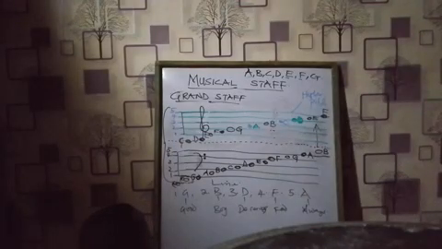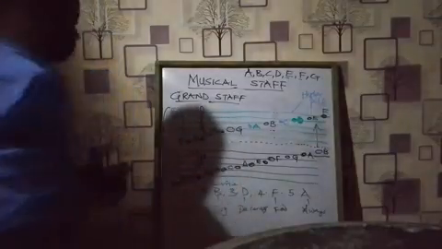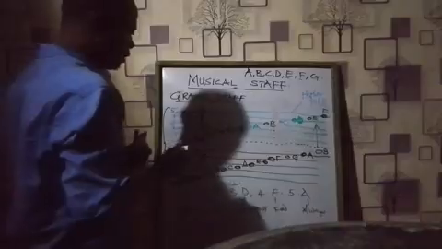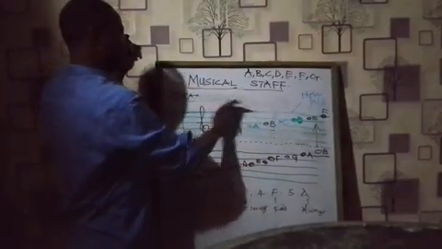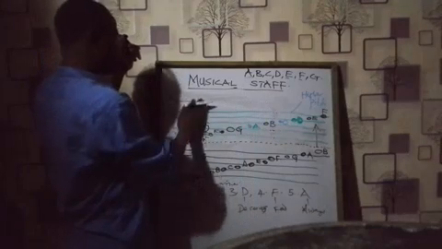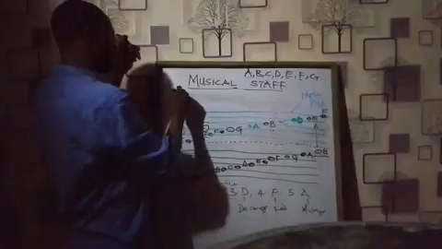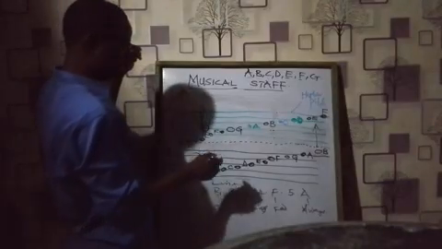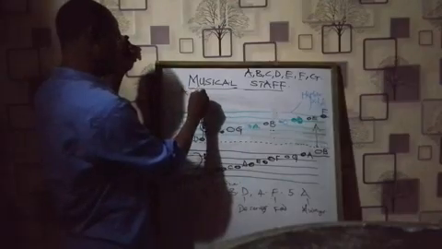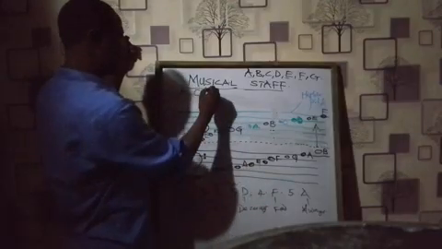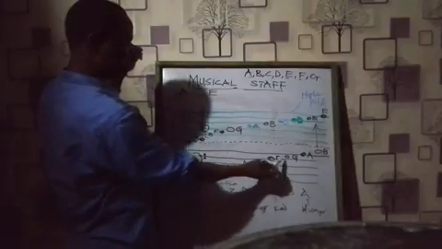Now let's see the ones on the space. On the space we have what? We have A. On space one you have A. On space two you have what? You have C. On space three you have what? You have E. On space four you have what?